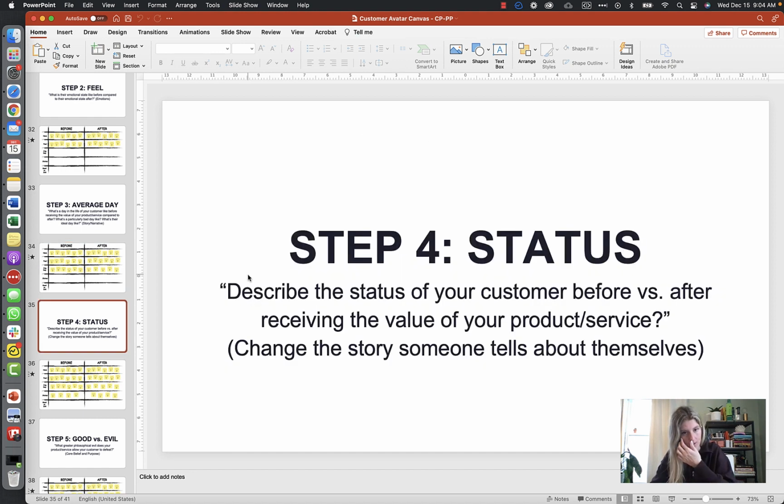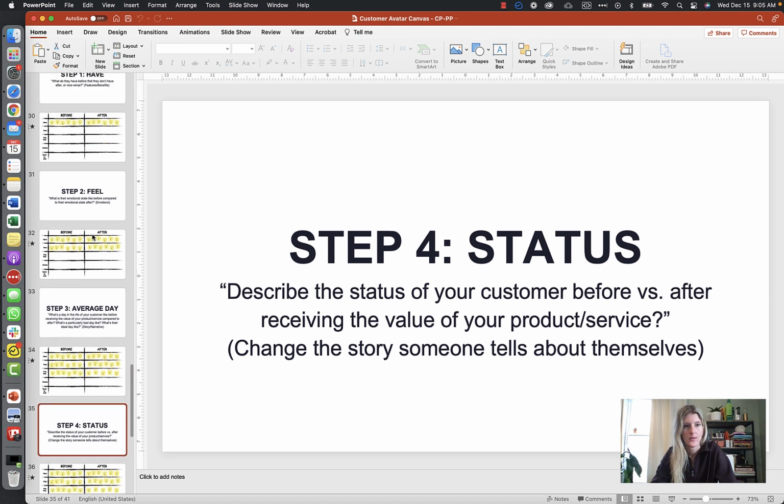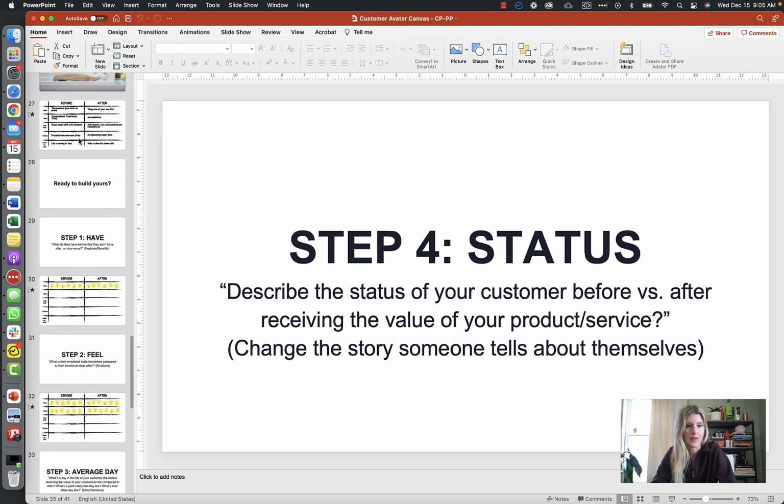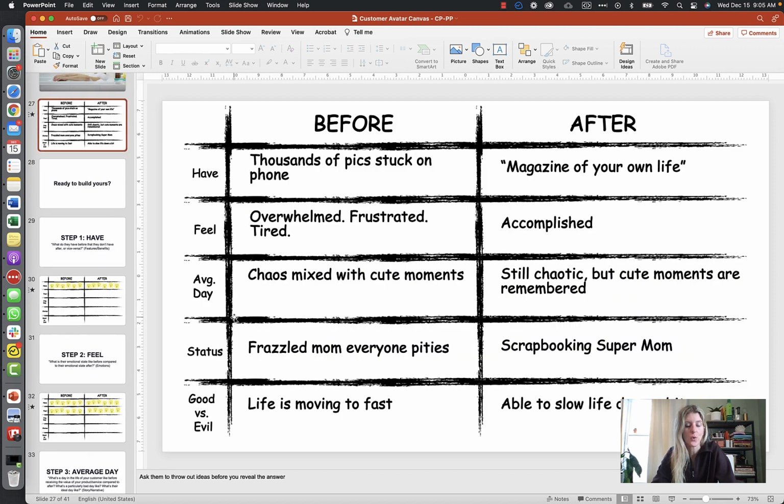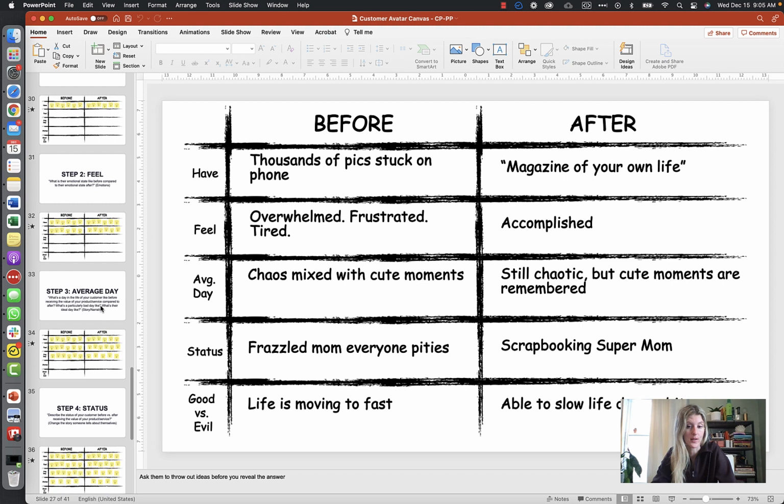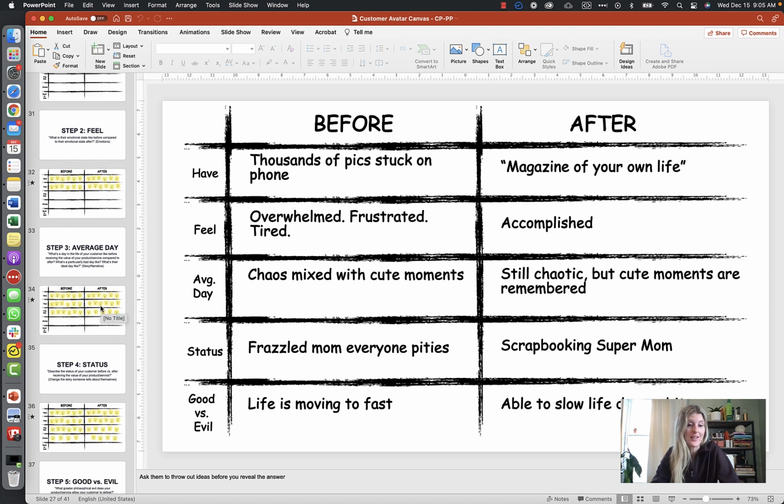Step 4, status. Describe the status of your customer, of your parent, before versus after receiving the value of your product or service, of your school. And then change the story someone tells about themselves. So up here you can see the status, changing the story someone tells about themselves. Before, she was a frazzled mom that everyone pities, and now she's a scrapbooking supermom. Maybe she didn't necessarily create that photo book herself.